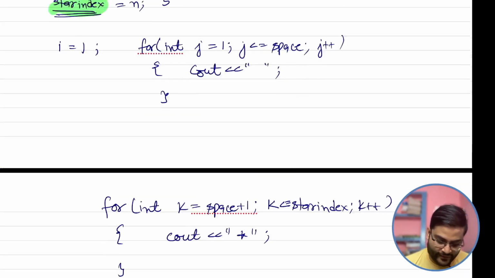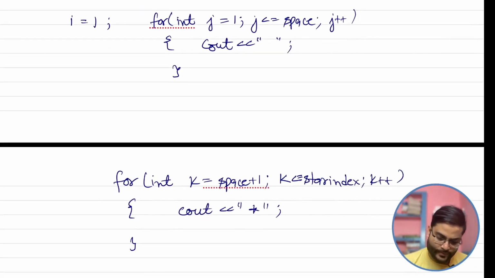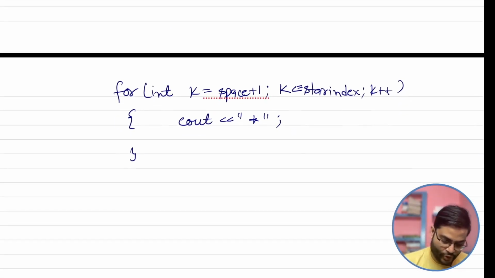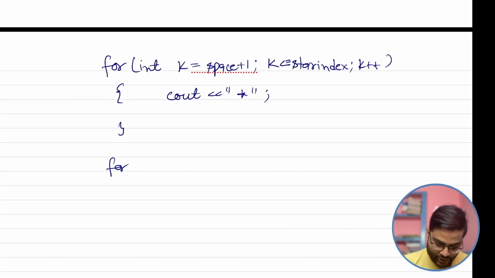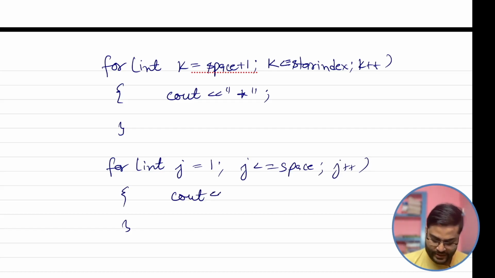So we have printed the spaces, and we have printed our star. Now we want to again print the spaces, so use this for loop again: for int j equals 1, j is smaller than or equal to space, j plus plus, cout space.